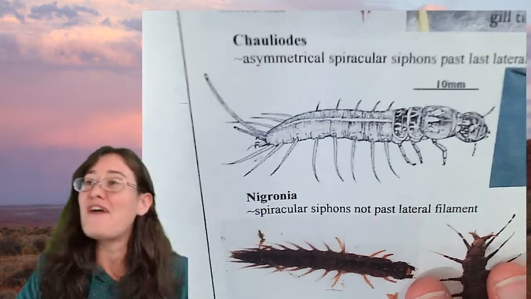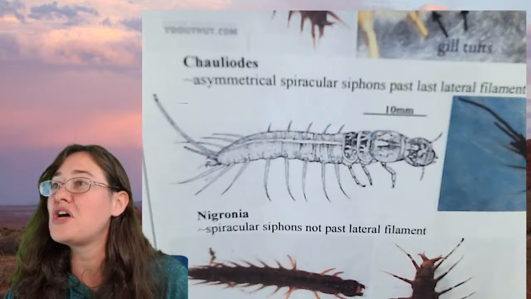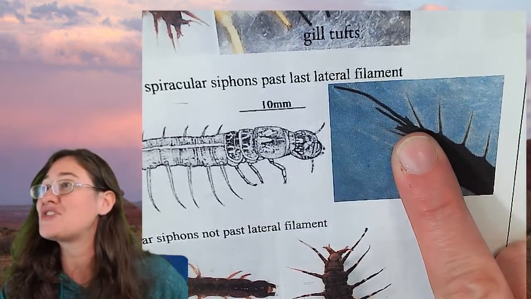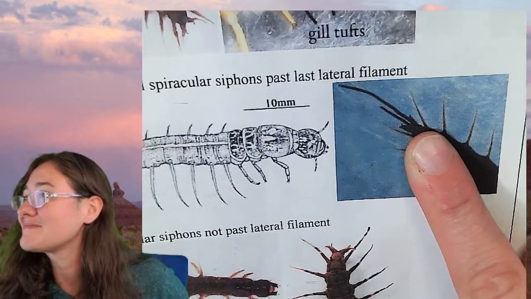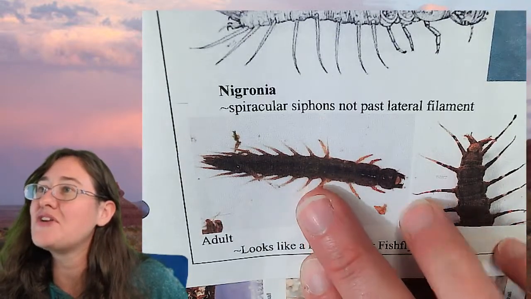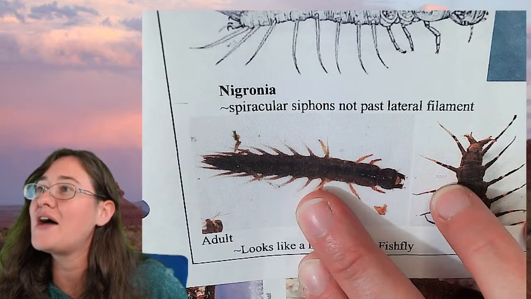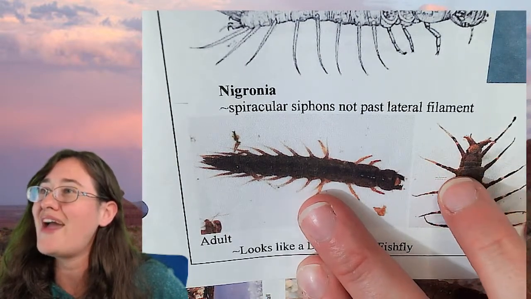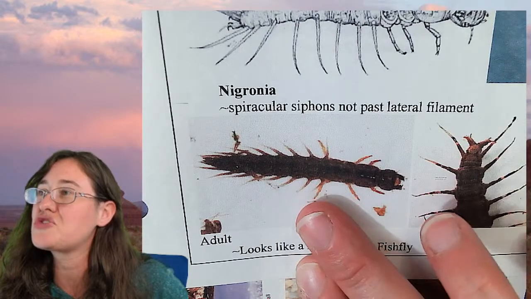The fact that they are asymmetrical will help you identify this one all the way down to genus. And this last one here is Nigronia, and they have spiracular siphons, but they don't go past the lateral filament, so they're short.